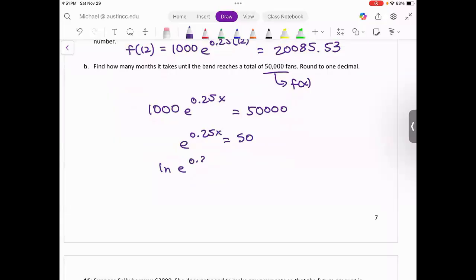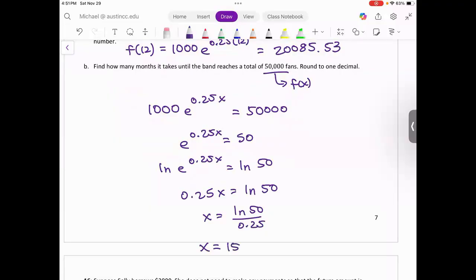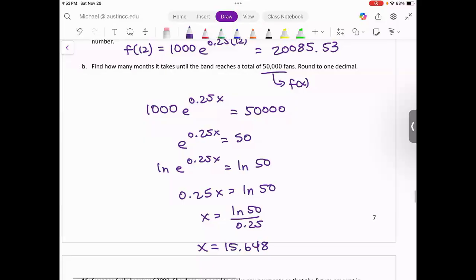Natural log of e to the 0.25x equals natural log of 50. That natural log and the e just cancel each other out, and we're left with 0.25x equals natural log of 50. Divide each side by 0.25, and calculate to get a value of 15.648. Okay.